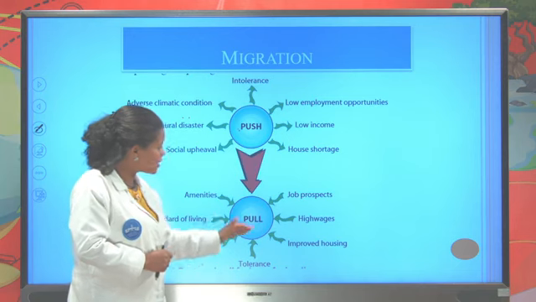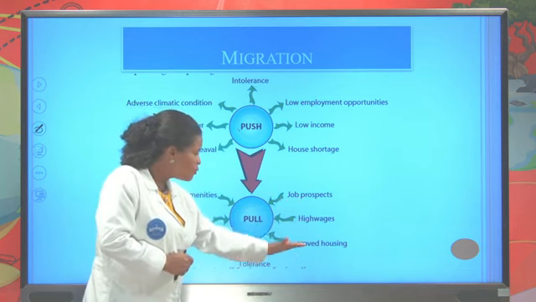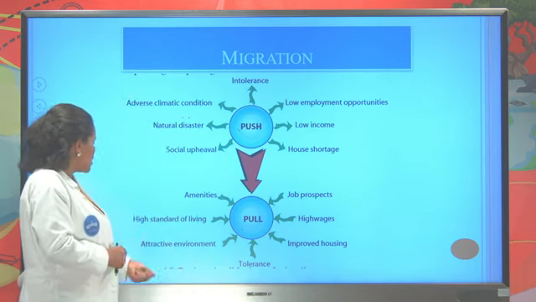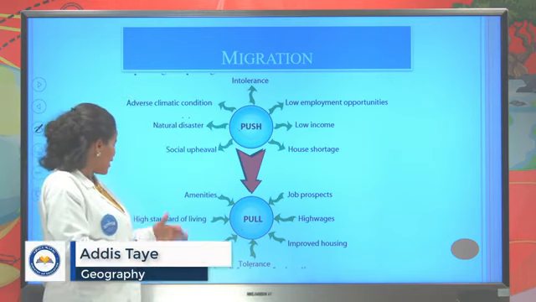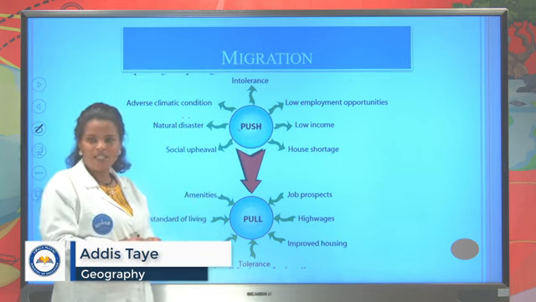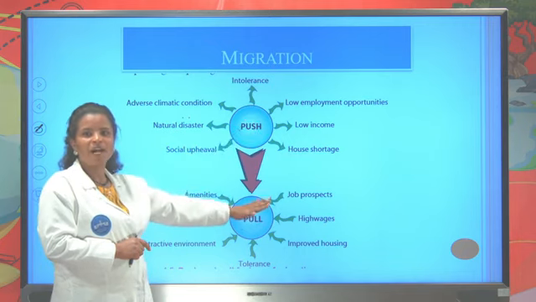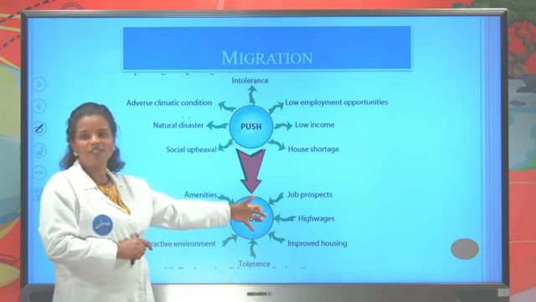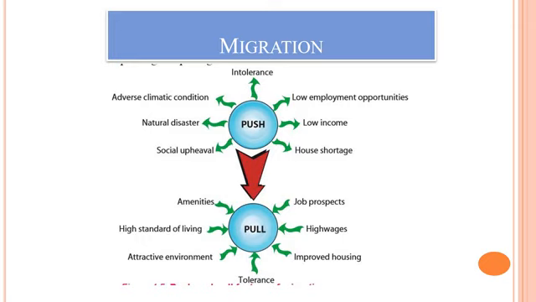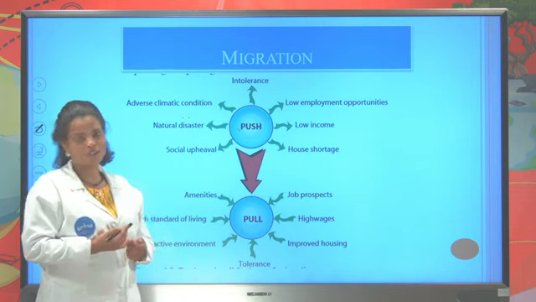The pulling factors are job prospects, high wage, improved housing, high standard of living, attractive environment, and so on. So in general, migration is the movement of people from one place to another because of pushing and pulling factors.